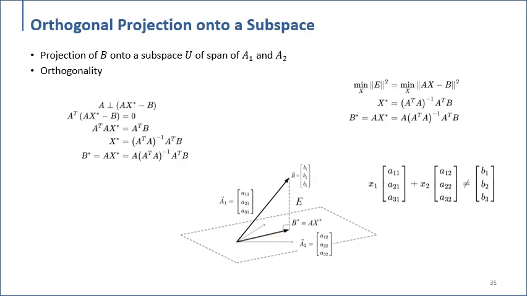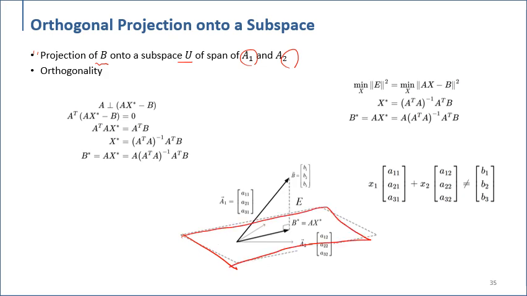The mathematical representation of the least norm solution is simply the projection of the b vector onto the subspace U, the span of the column vectors A1 and A2. The subspace U spanned by A1 and A2 is simply the dashed plane.